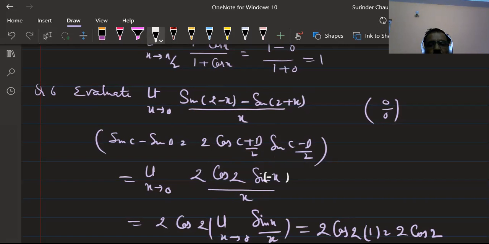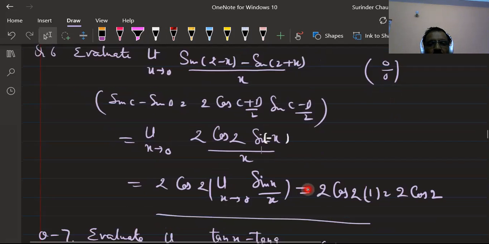So sin of minus x is equal to minus sin x. Taking the limit as x goes to 0, sin x upon x is equal to 1. So the answer is minus 2 cos of 2.